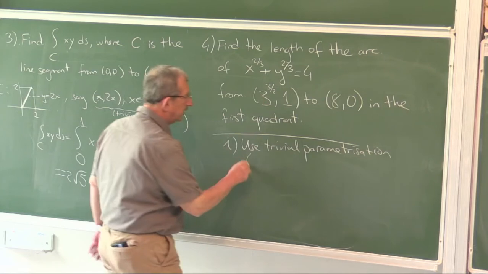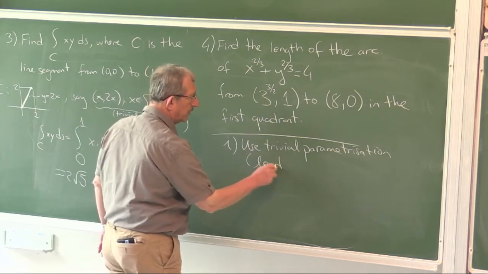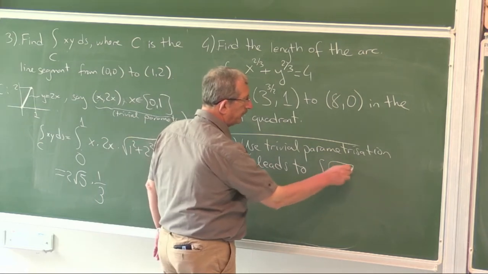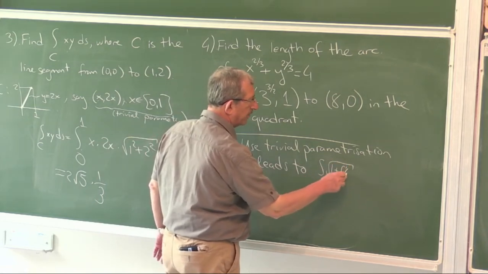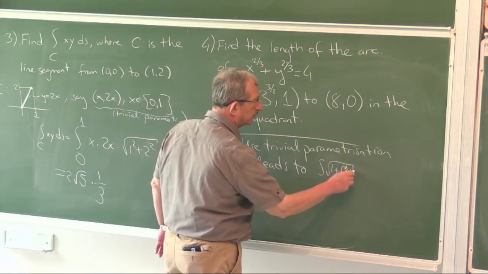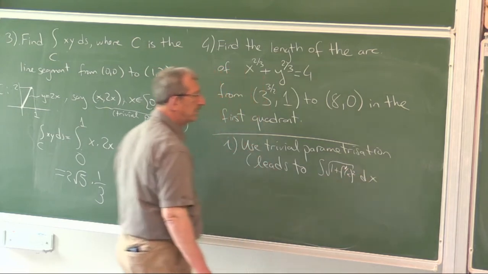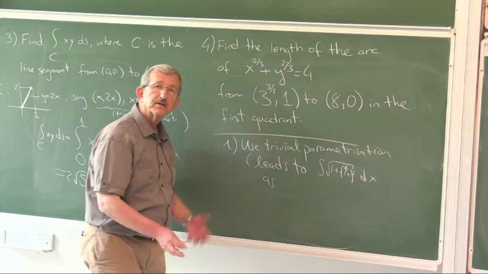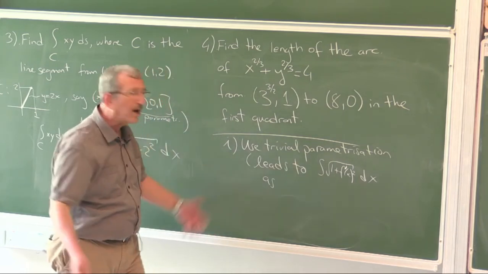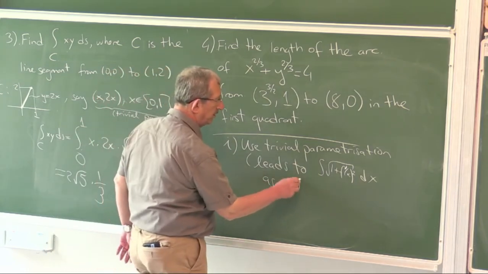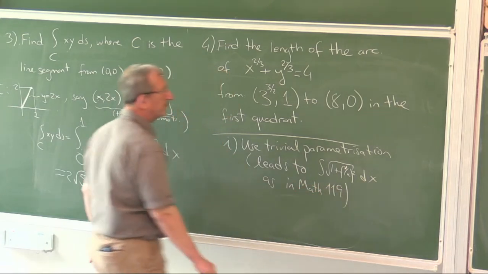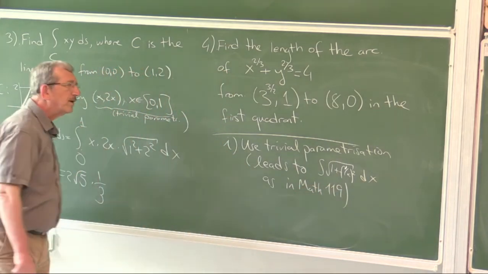This leads to the integral of root 1 plus f prime x squared dx, as before. That is, as we found it in 119. So we will not do that.